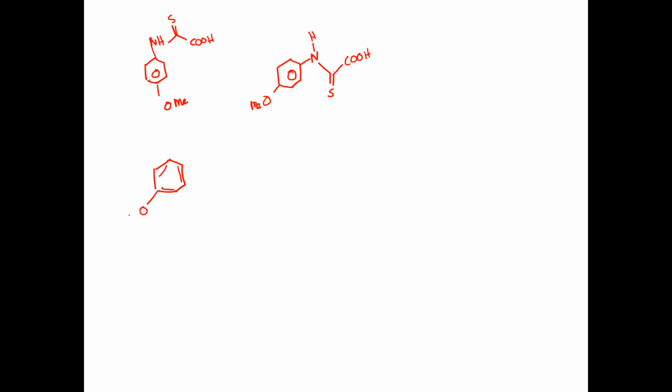Here there is OMe, here we have NH as we said before, there is carbon double bond sulfur, and here there is COOH, in the presence of potassium ferricyanide, K3Fe(CN)6, in the presence of a base at low temperature, that means less than 10 degrees Celsius.